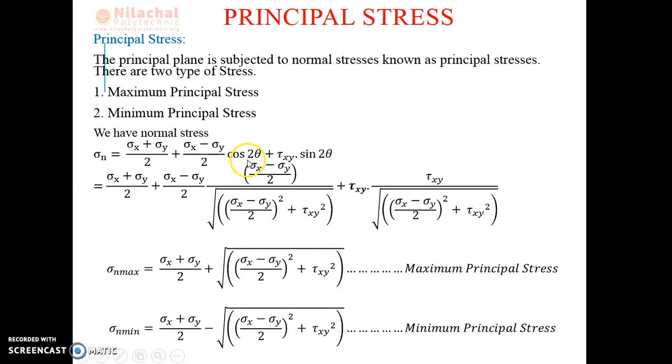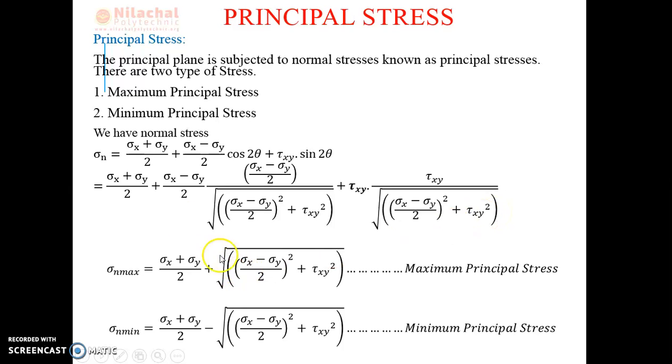Now putting these values for cos 2 theta and sin 2 theta, we get (sigma x plus sigma y)/2 plus (sigma x minus sigma y)/2 into (sigma x minus sigma y)/2 divided by the square root of ((sigma x minus sigma y)/2) whole square plus tau xy square, plus tau xy into tau xy divided by the square root of ((sigma x minus sigma y)/2) whole square plus tau xy square.